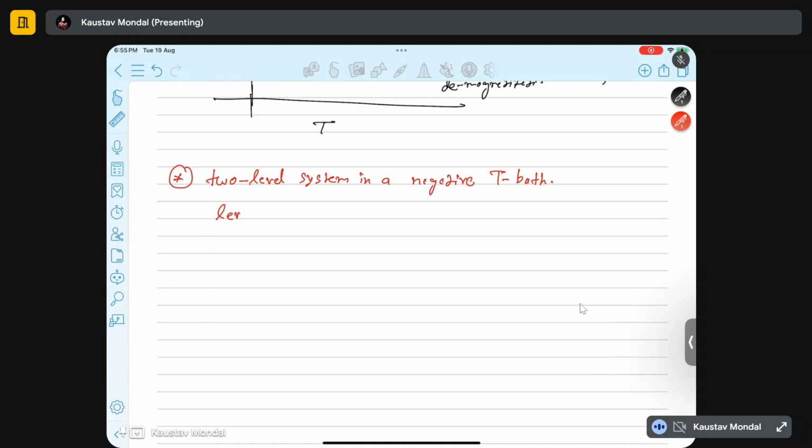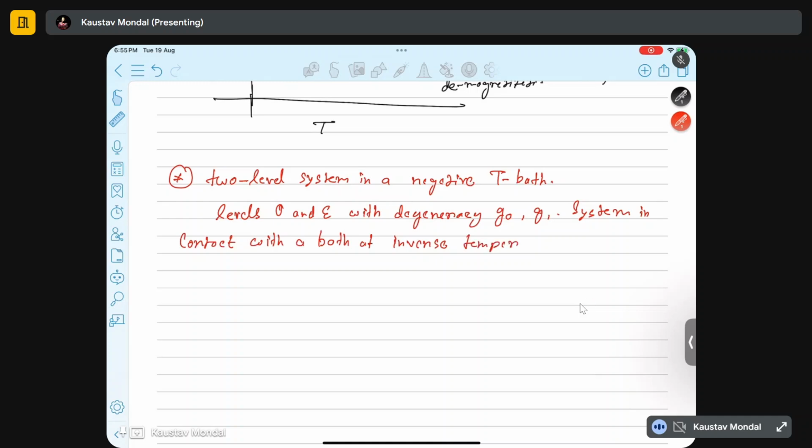So levels 0 and E with degeneracy G0 and G1, system in contact with a bath at inverse temperature beta less than 0. Okay.